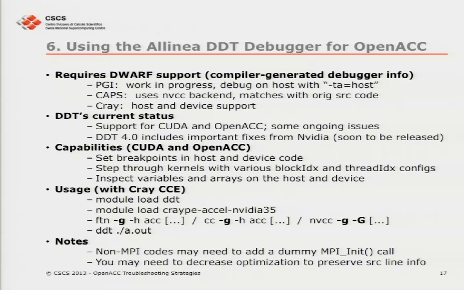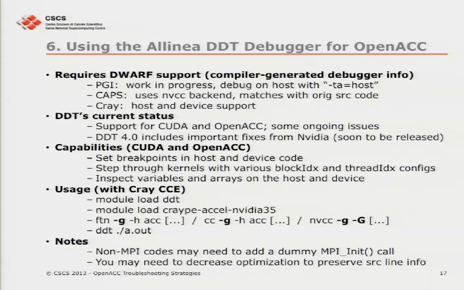But we still encourage you to give it a try with the various compilers. DDT requires DWARF support. PGI is working on this. CAPS, I think, I tested it recently, and it seems to work okay. Cray, as far as I know, works pretty well. I don't know what the limitations are, but there's DWARF support in the host and device code.